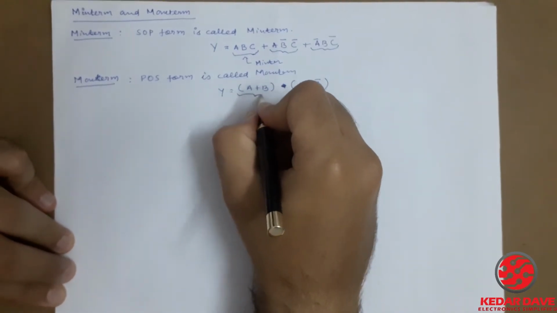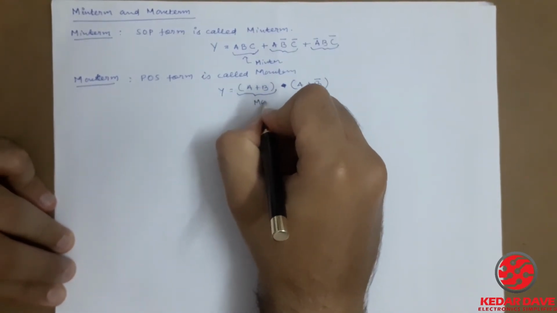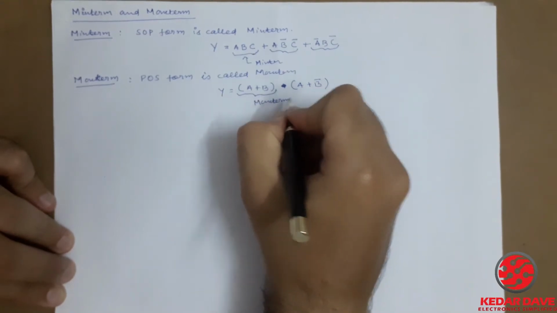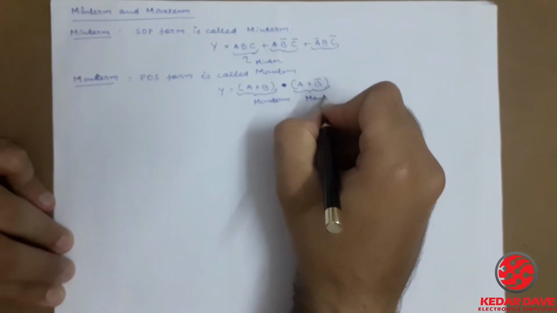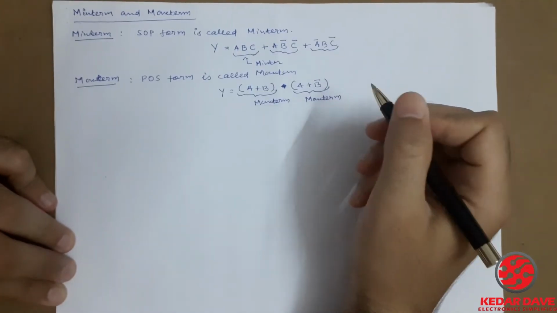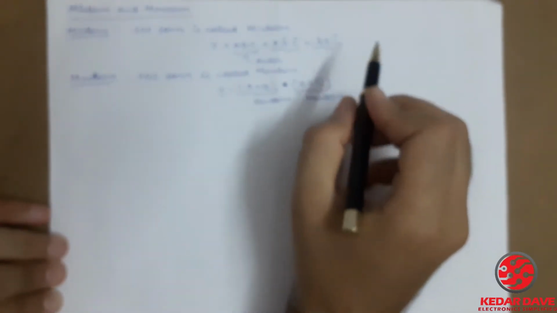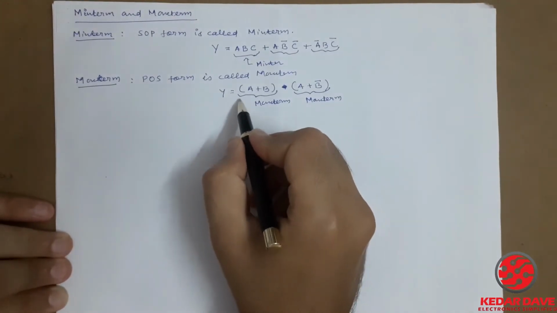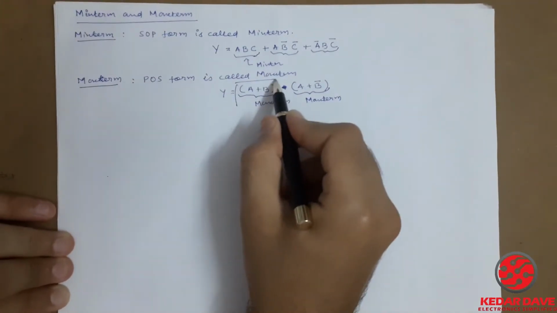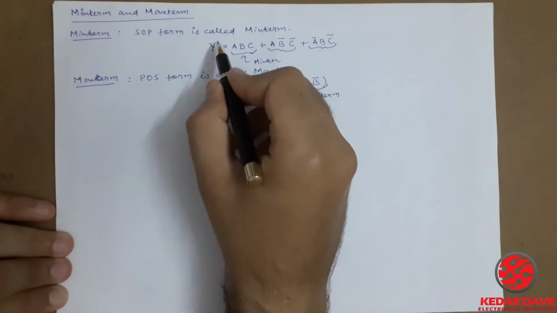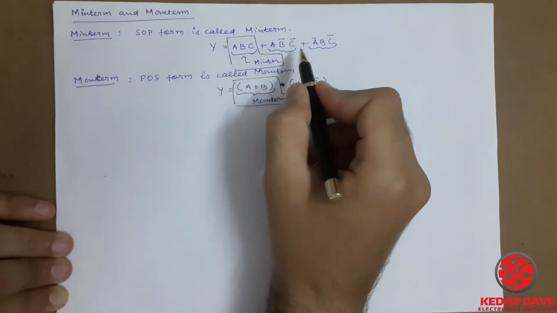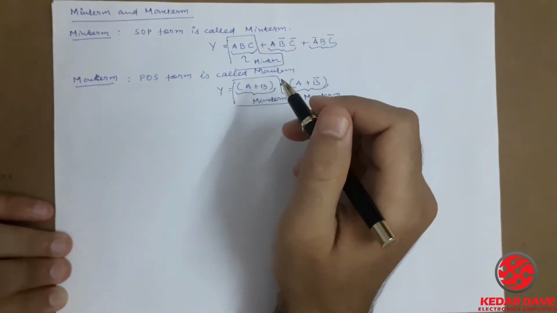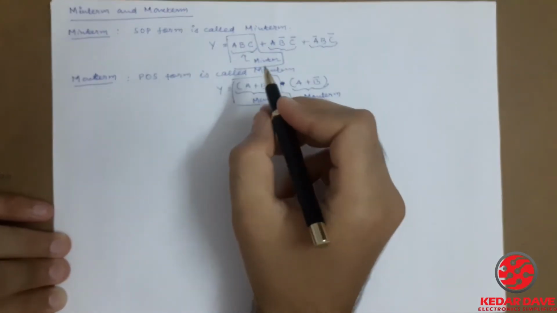Here you can see each individual term is called as the maxterm. Here also the maxterm. So these all are the maxterms. Each individual term is denoted as maxterm, and this over here is called as the minterm. So this way maxterm and minterm are represented.